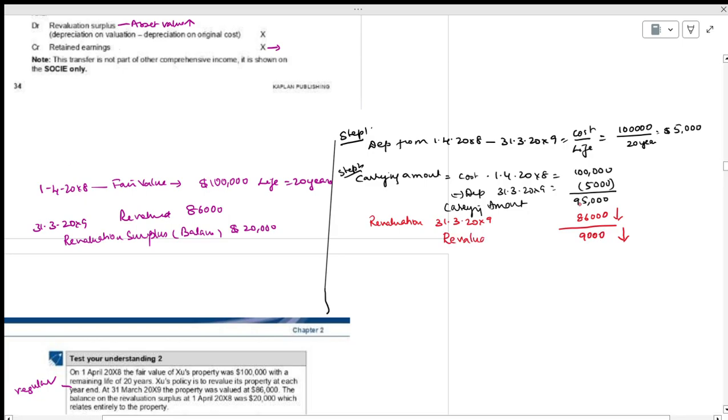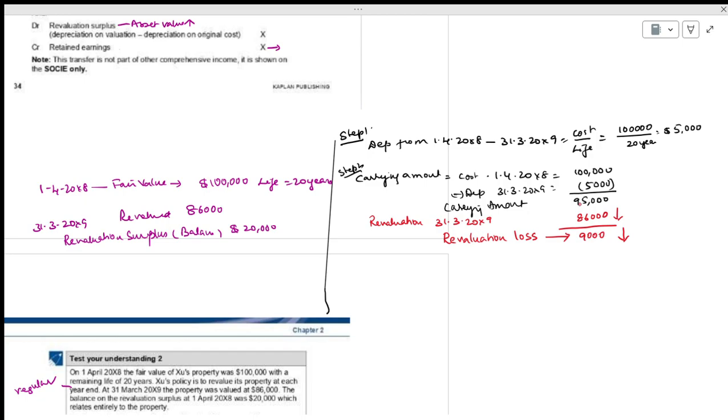It is a revaluation loss. Now they already have a revaluation balance of 20,000. If there is a loss, first you have to deduct it from that revaluation surplus.